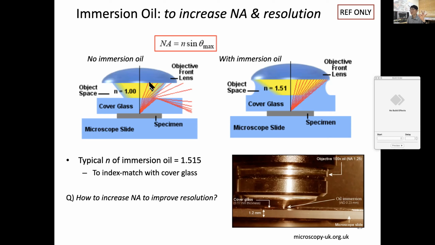And what about the distance of the objective lens to the specimen, which we call the working distance? In this case, the working distance is only 230 micron. You cannot even see it very well with your eye. It's very, very teeny tiny. And the most expensive part is the objective lens.